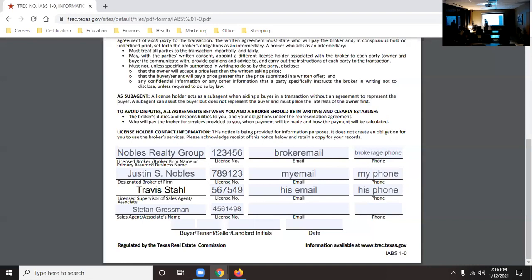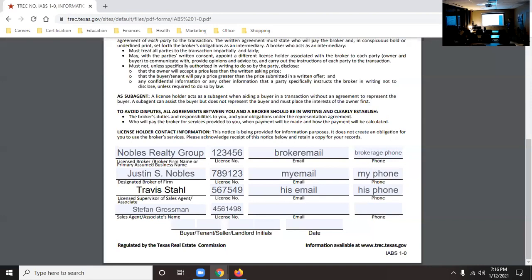I had somebody ask me earlier today, they said, well, what happens, say that Mr. Darren is an investor, and I deal with Mr. Darren a lot. Do I have to get this form completed by Mr. Darren constantly? Well, here's the rule.